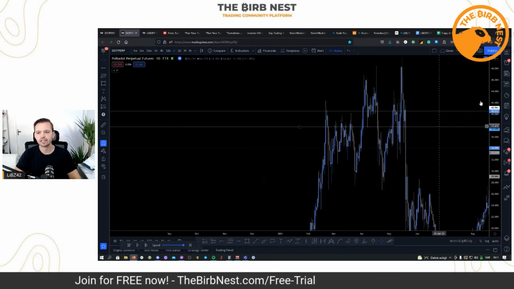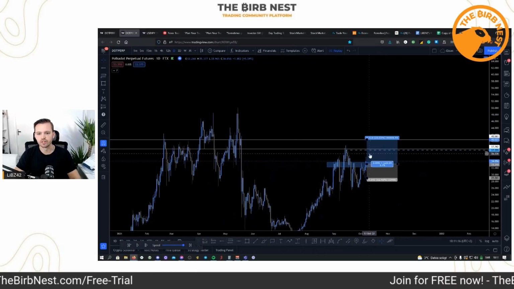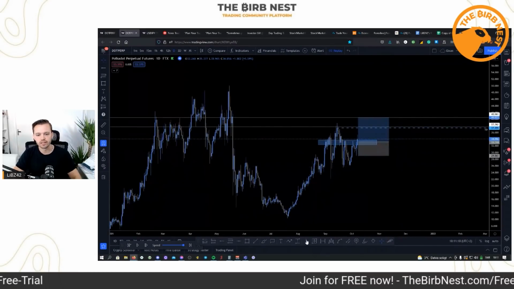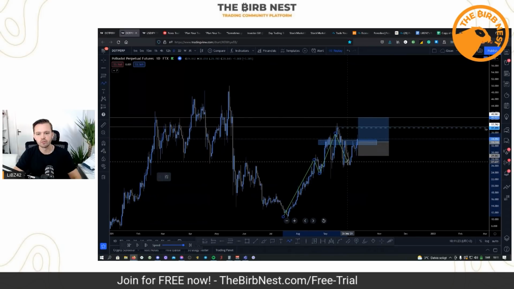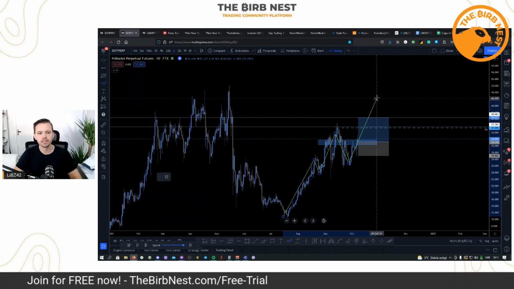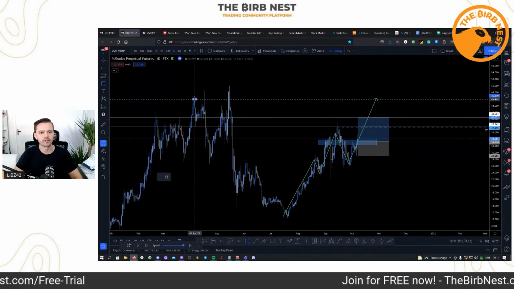And then you look at the daily once again, and you try to see what is the ultimate target for this move. If you get a proper breakout and you get something that would look like this, where would this move end? And I believe targeting this area right here makes perfect sense, right?